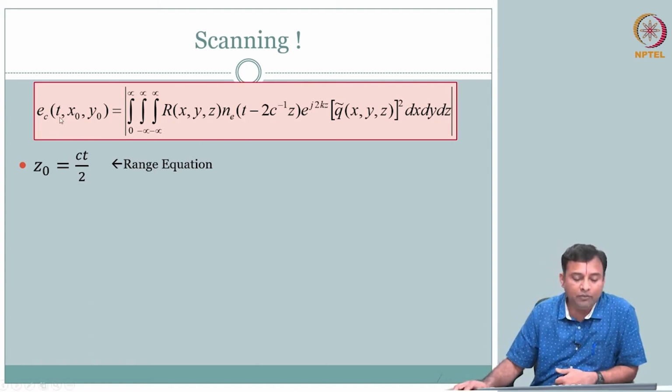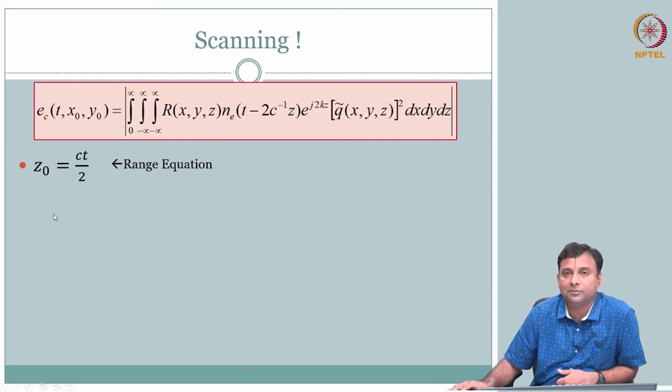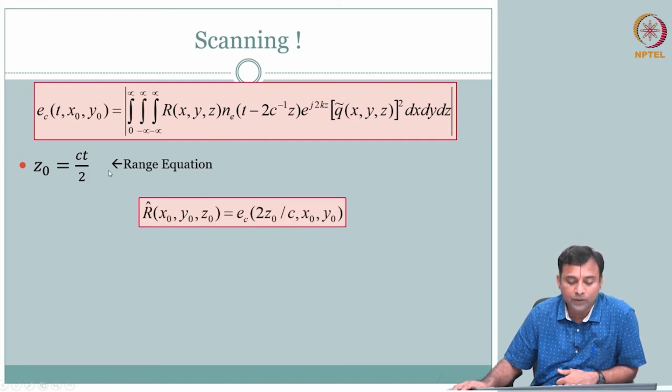So essentially what we want to write is that this echo is not just a function of t, comma x. This t, I know, I can write in terms of z naught. I can write it as a spatial quantity. So I will write R hat, which is what we usually estimate.